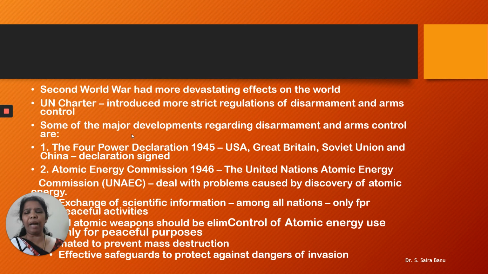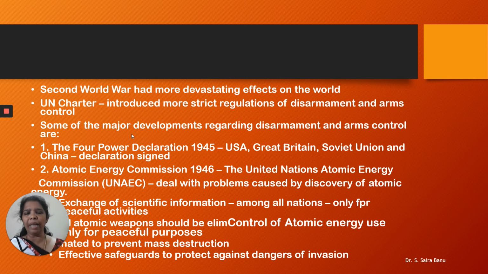Ghosh's book that we have. Some points are mentioned, like the Four-Power Declaration of 1945, done in the USA, and the Atomic Energy Commission in 1946 said atomic energy will be used only with restrictions. There will be exchange of scientific information among the countries only for peaceful purposes. You discover something, you invent something, a scientific fact is discovered or invented.